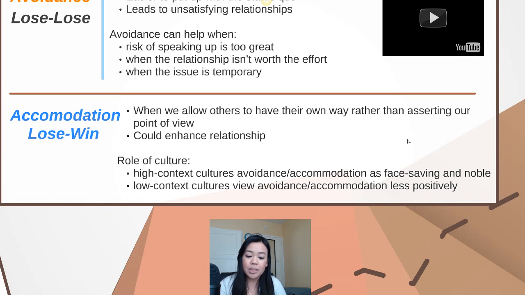And the biggest reason is that it enhances the relationship. All of us have to make sacrifices, and all of us, I think, engage in accommodation more than we recognize. We do this because inherently we're aware that if I give this up for this person, or if I let them win this conflict, or have their way, it's also a way to communicate that I care about them more than I care about this conflict.